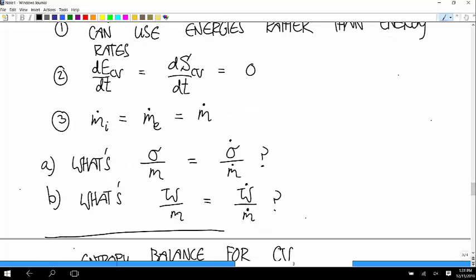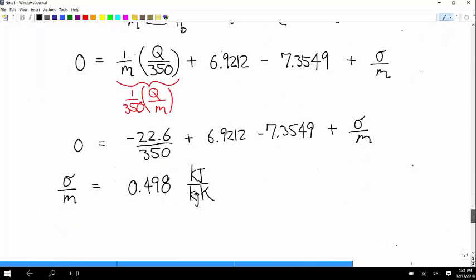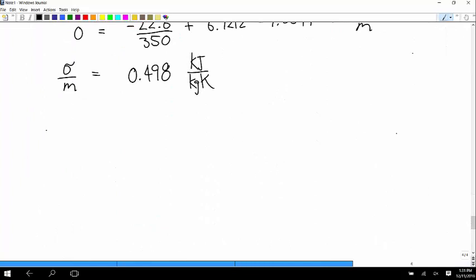Now we want to calculate the work per mass. So we want W over m. How are we going to get that? Yes, the first law. And this is still a control volume problem. Anytime we're dealing with turbines or any of these devices, you're going to use this control volume idea.